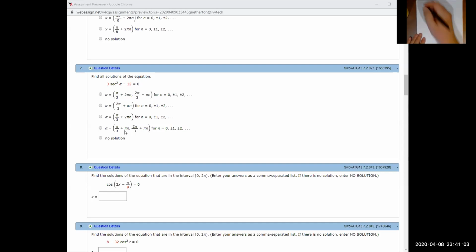I'm making a column where I'm going to start at n equals 0 and figure out the solution. So when n is 0, I'll write the whole thing here on this piece of paper. So that last solution is pi over 3 plus pi n and 2 pi over 3 plus pi n.